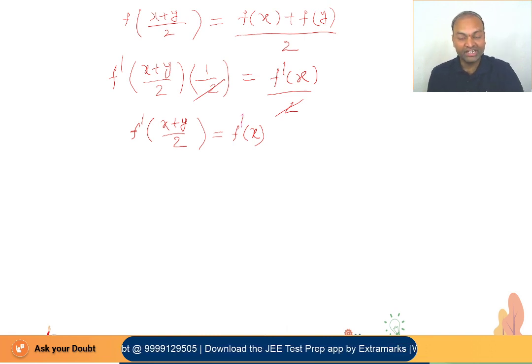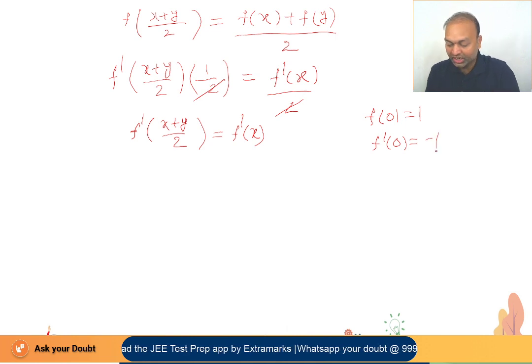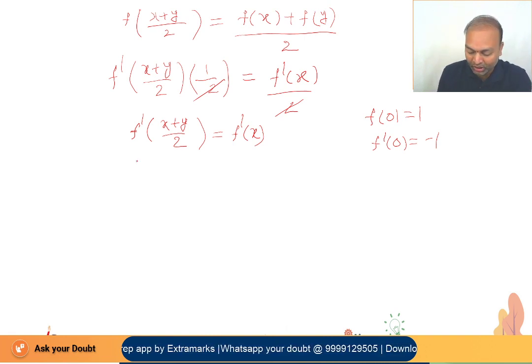Now f dash of x. Use the given conditions. What are the conditions? F of 0 value is 1 and f dash of 0 value is minus 1. Here f dash of x is there, so put x is equal to 0.